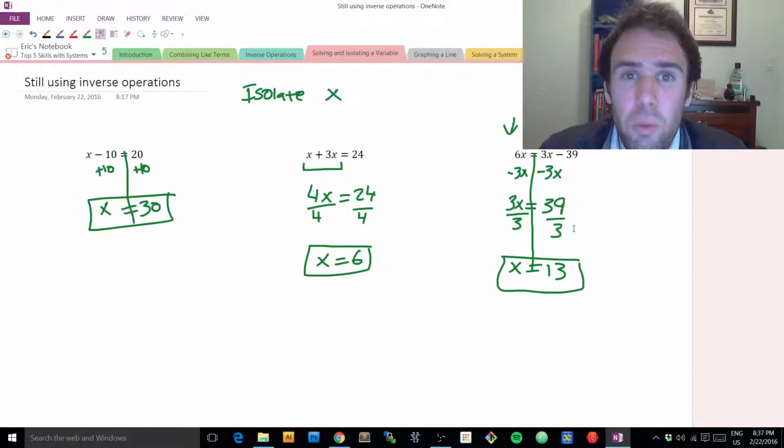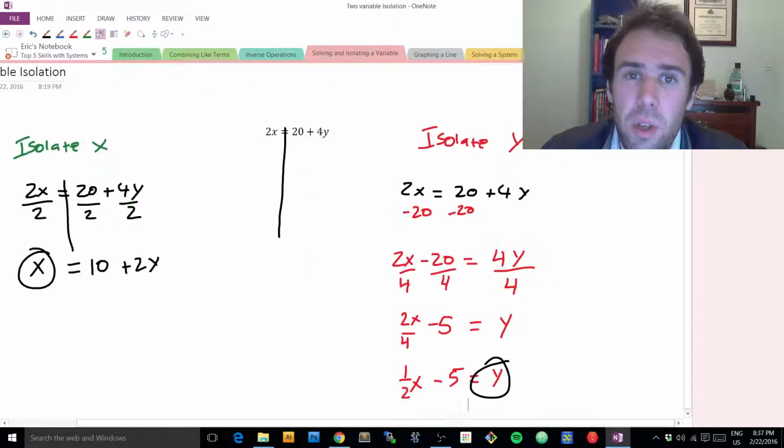If there's only one variable, go ahead and do what you already know how to do. Use all of those inverse operations so that you can get a single variable all by itself. When there's two variables, it can get rather tricky, and usually the variable that has less going on around it is going to be much easier to isolate.